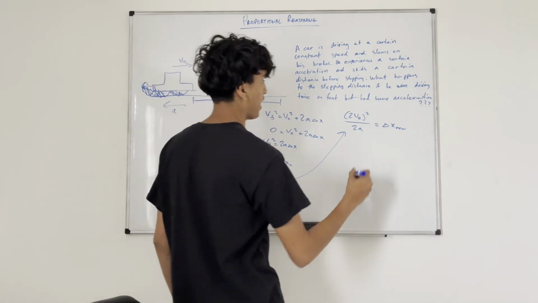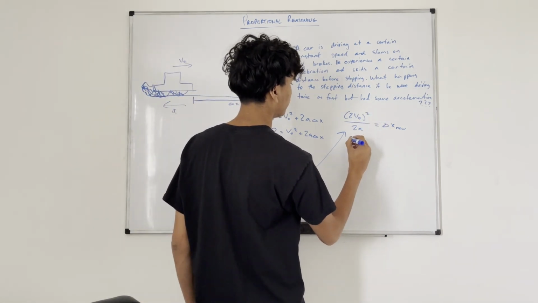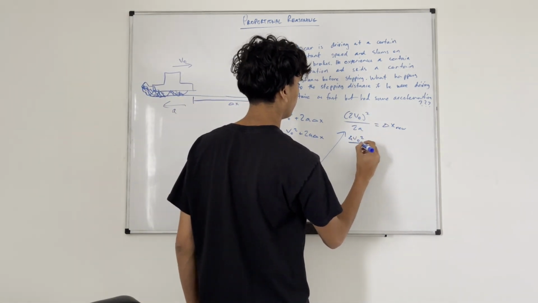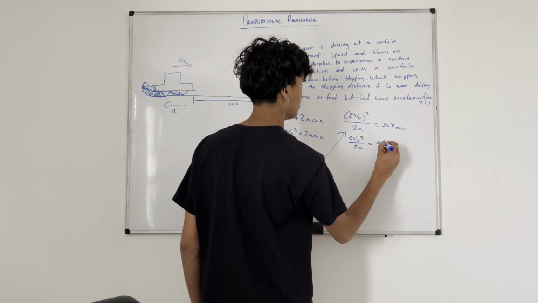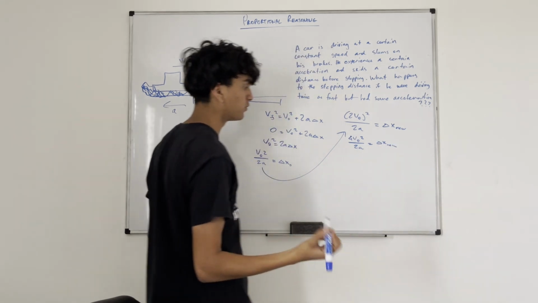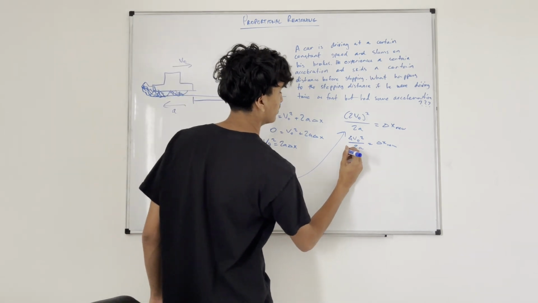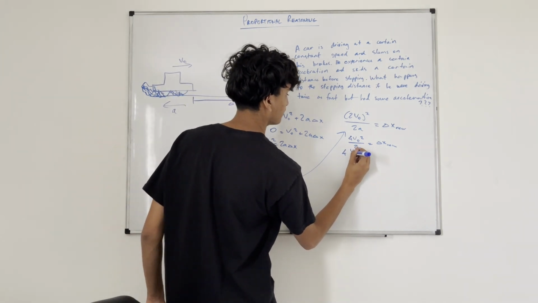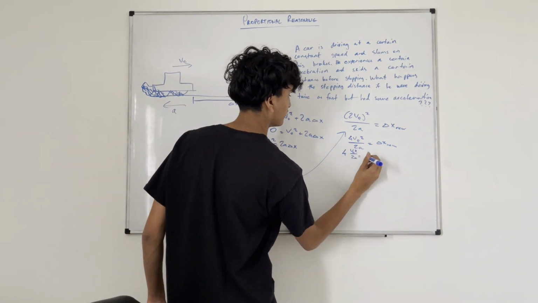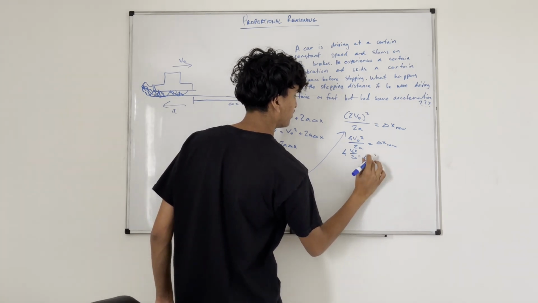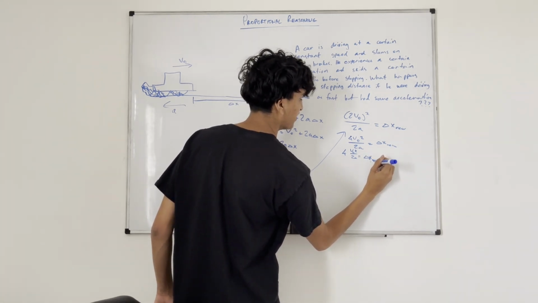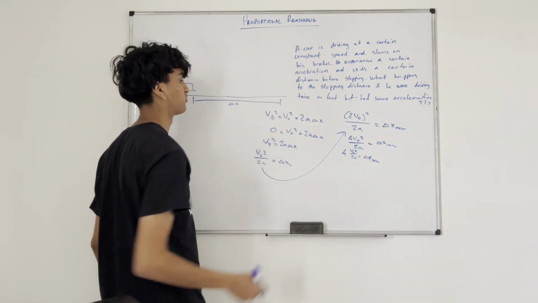So I would take the square, and I get 4 v naught squared over 2a equals change in x new. And then one mathematical strategy I can use is to rearrange this. So 4 times v naught squared over 2a.